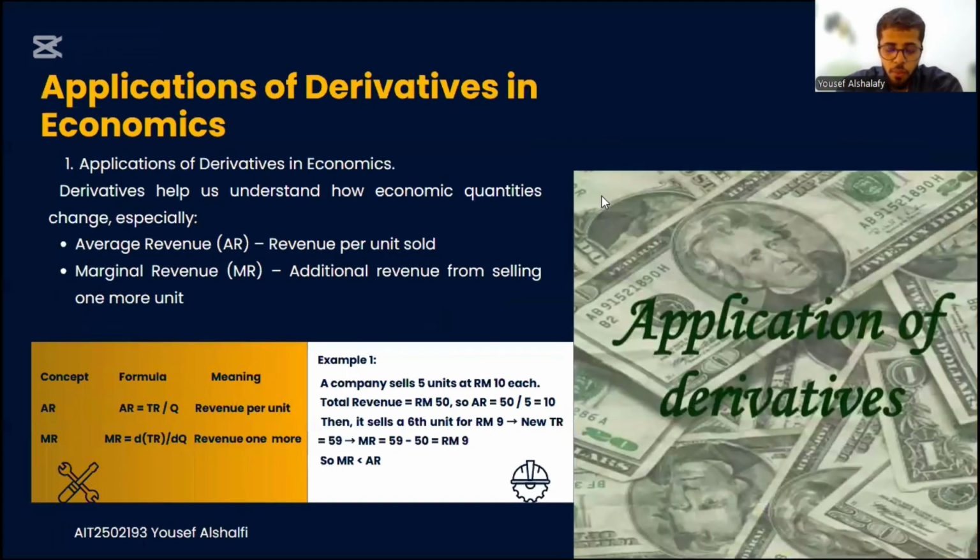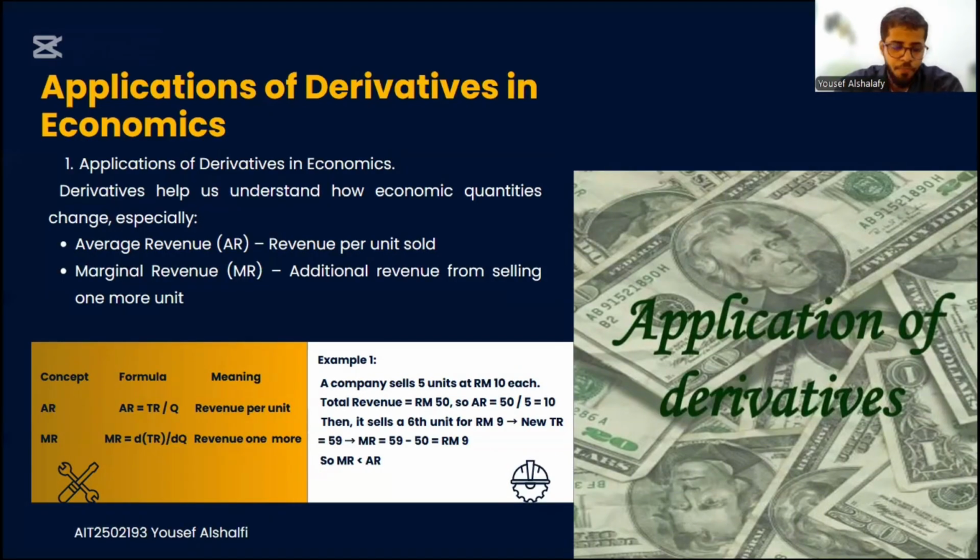So we move to the first topic, which we are going to explain today, which is applications of derivatives in economics. Derivatives help us understand how economic quantities change, especially the average revenue, so the revenue per unit sold, and also the marginal revenue, which is the additional revenue from selling one more unit.